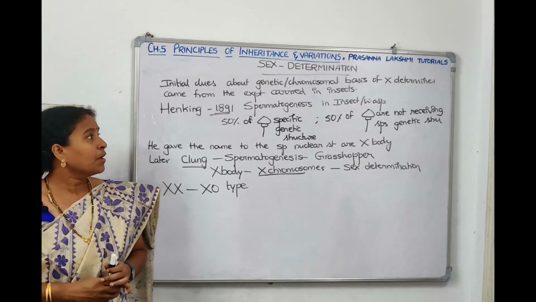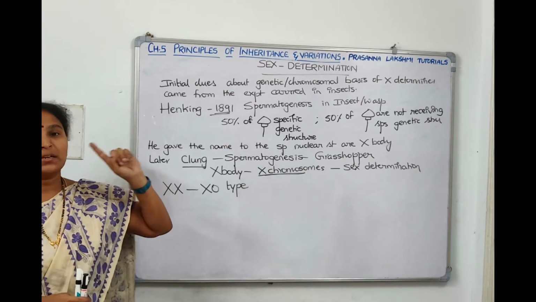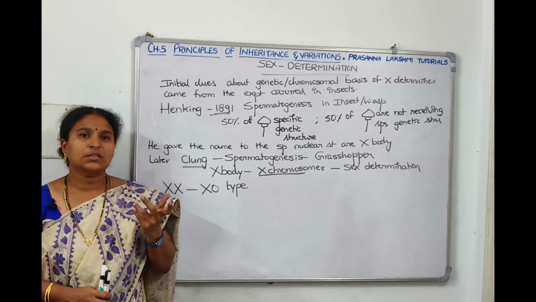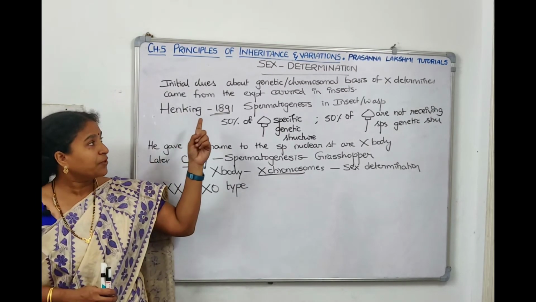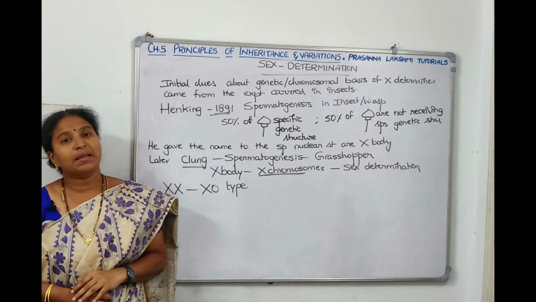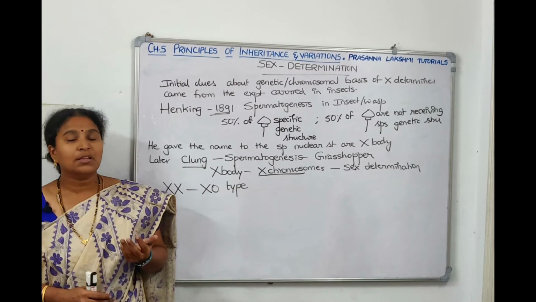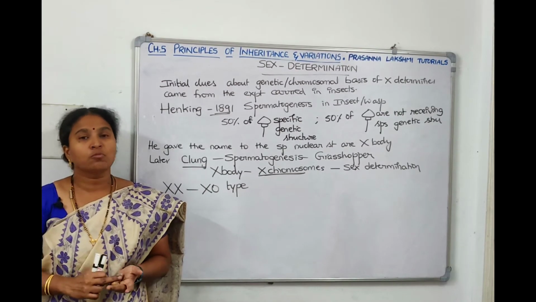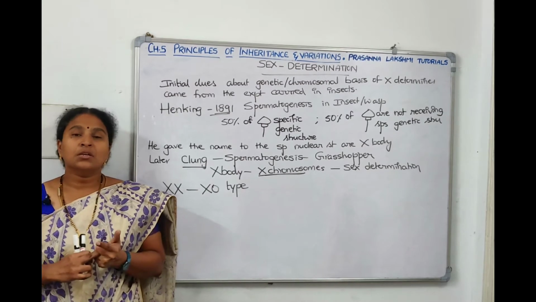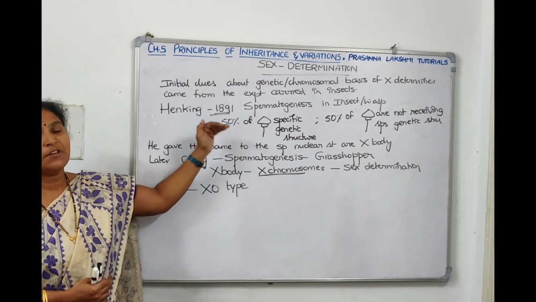We will continue. What did we discuss here? We are talking about sex determination. It's a puzzle for the scientists or geneticists, what is the basis of sex determination. The initial clues came from the genetic and chromosomal basis when they conducted experiments on insects. The initial discovery by Henking in 1891, he was observing spermatogenesis.